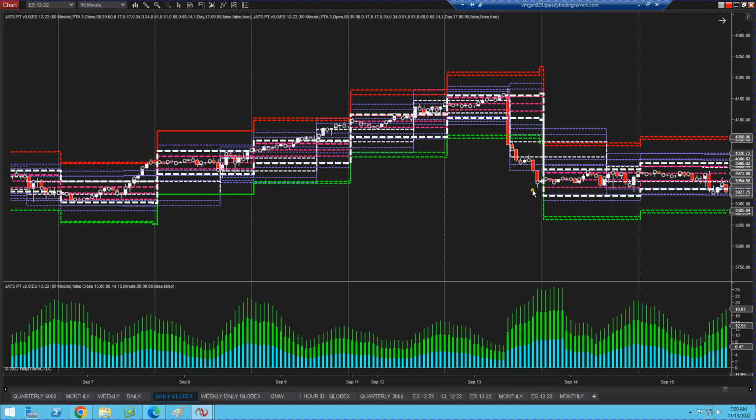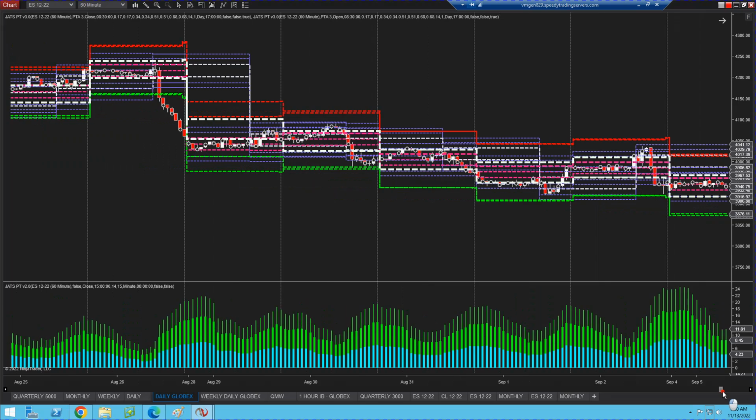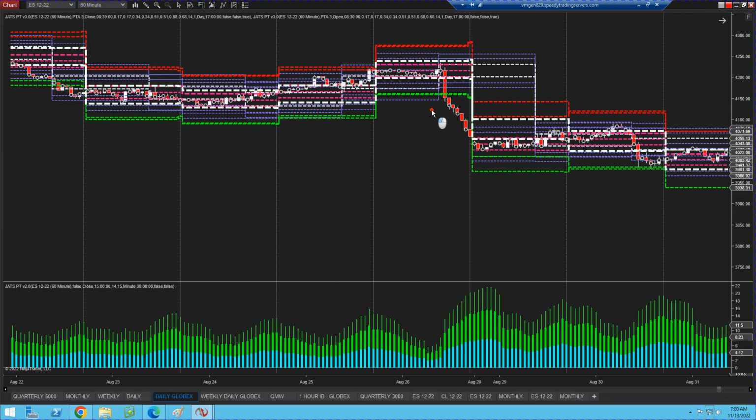So this last candle would have needed to have been hedged, because your risk would have been right below that Globex. So you would have wanted to hedge that. So you need a plan, because nothing is 100%. And here is an example of that breakout too.